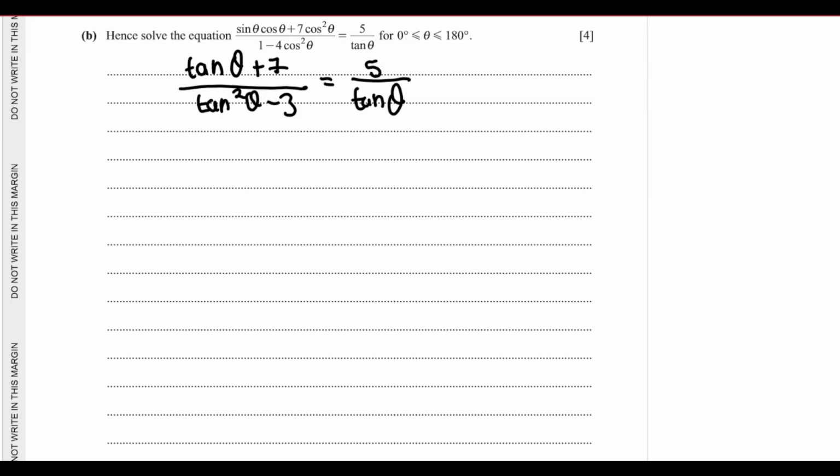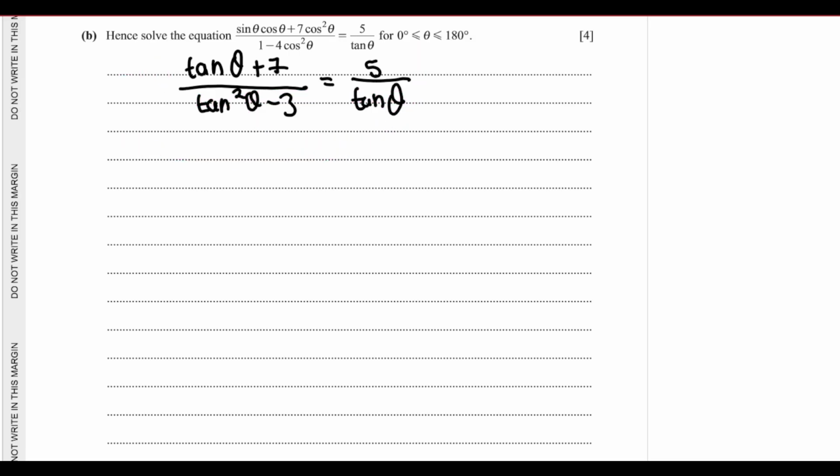Now you want to end up with one trigonometric function on the left is equals to a number for you to be able to solve this equation. Let's cross multiply, as in that goes there and that goes there. What will we end up with?